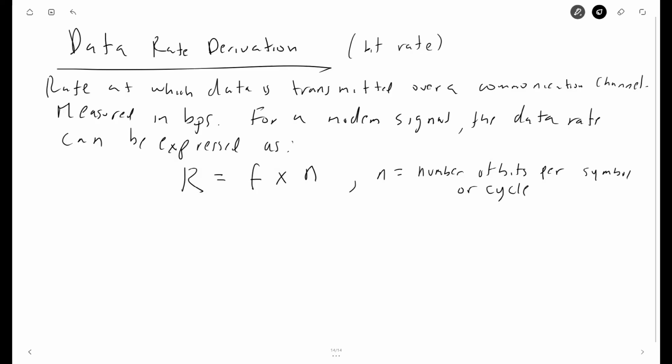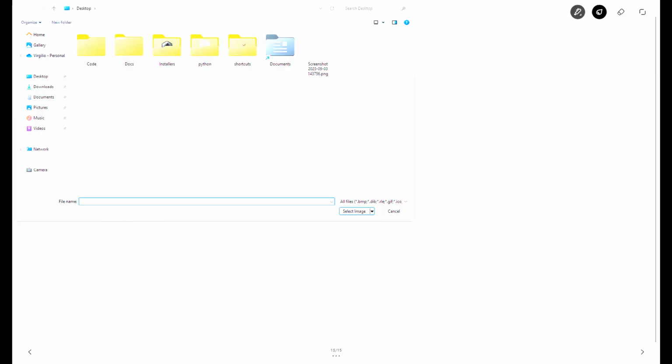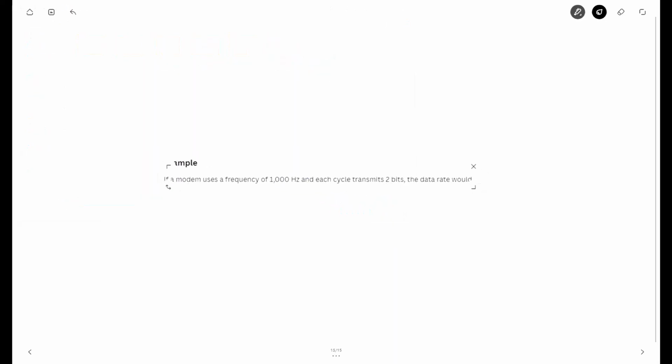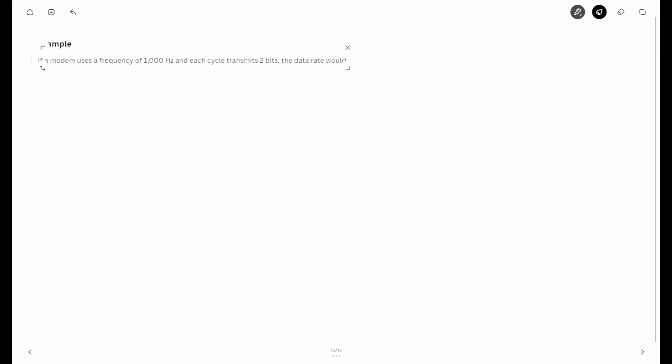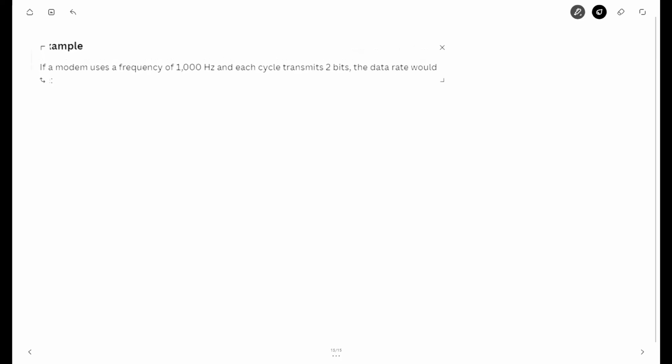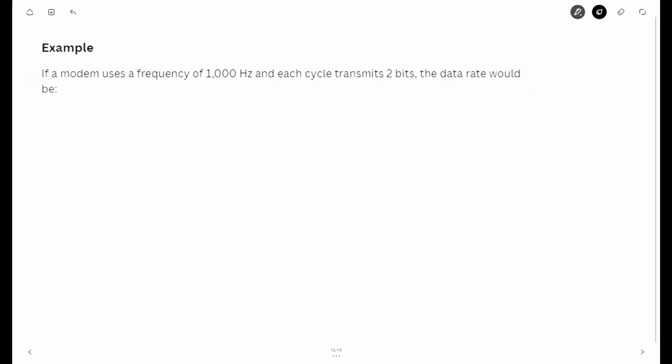Let me give you one example of how to compute the data rate. Let's say you have a modem that uses a frequency of 1000 hertz. So f is equal to 1000 hertz, and each cycle transmits 2 bits.